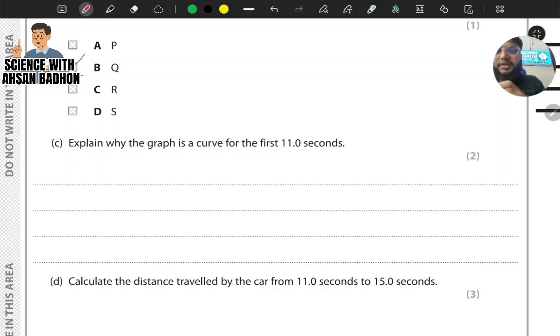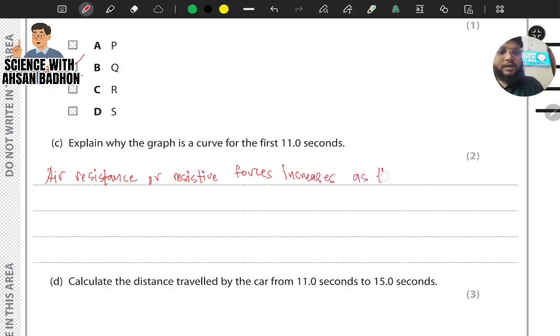So at first we have to talk about the resultant force. Air resistance or resistive forces increase as the car speeds up.